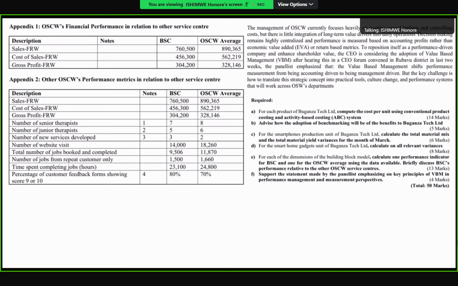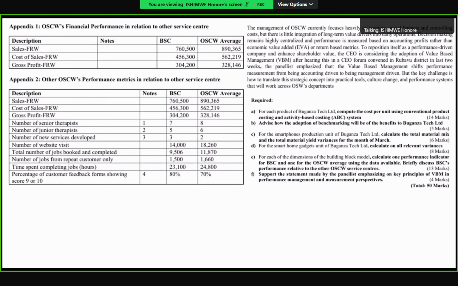So when we are reading the question, to answer this part A, we have to look at Organza Tech information. We have also the company called BSC and OCCW. We are not concerned about that when you are on ABC. We will only look at Organza Tech. Then we determine the cost of producing each unit using traditional costing and using ABC.